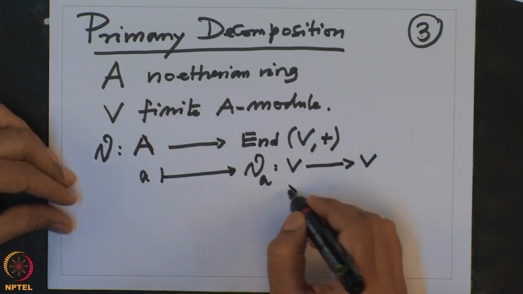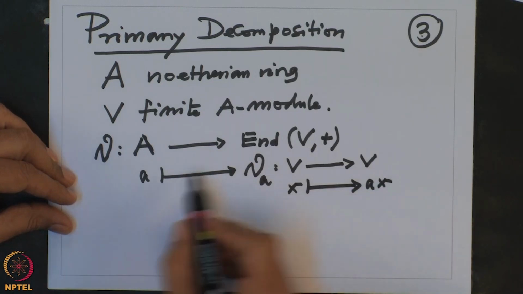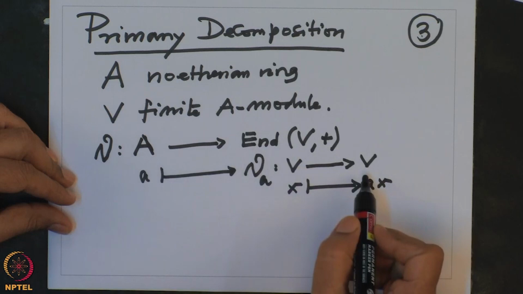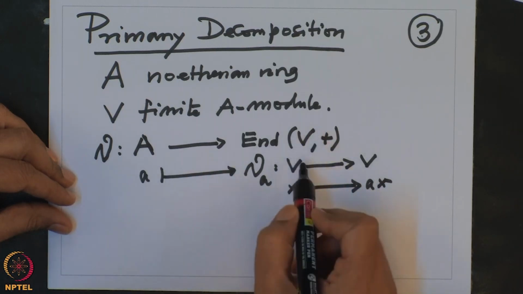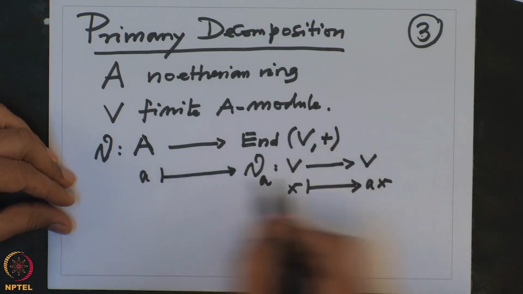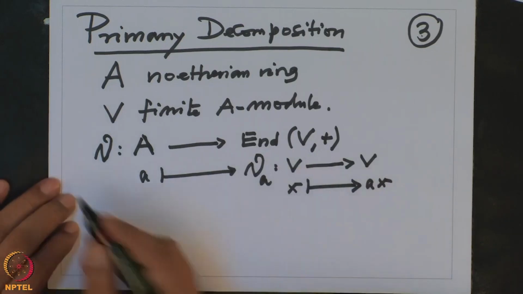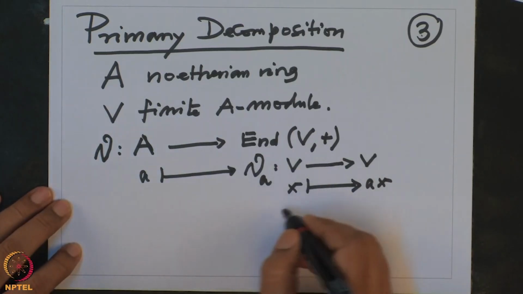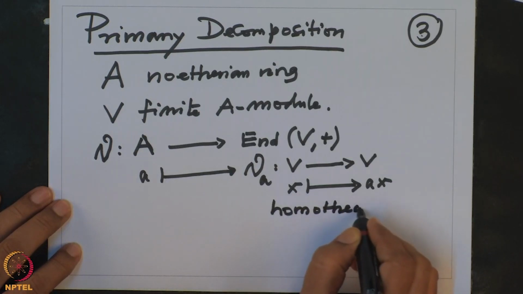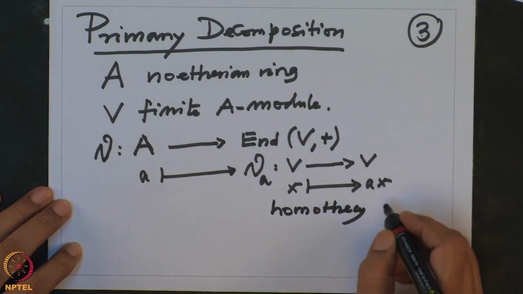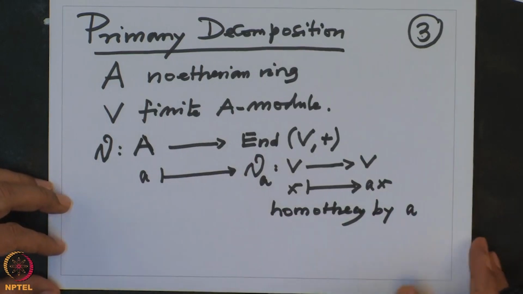So this is any element x sending it to ax. Given a ring homomorphism like that, we can define a module structure on the abelian group V. Conversely, if you have a module, that means we have this ring homomorphism. And this element theta a is called homothety by a. All right, so that is the notation.